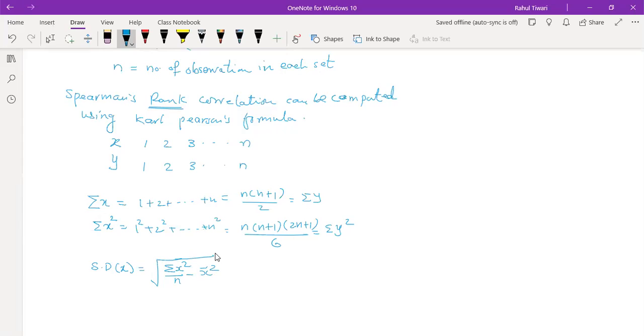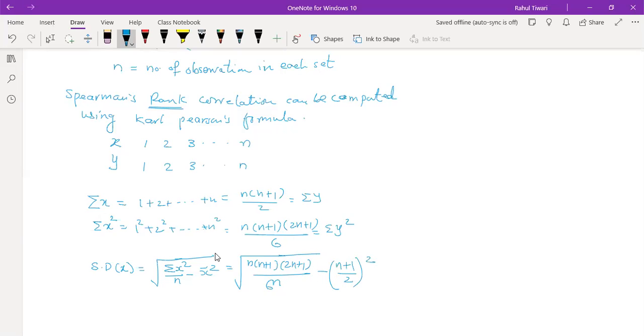So this is equal to what? Summation of x square, which is n plus 1 times 2n plus 1 by 6, minus x bar square. You can calculate x bar by dividing by n, so n gets canceled, remaining n plus 1 by 2, whole square.